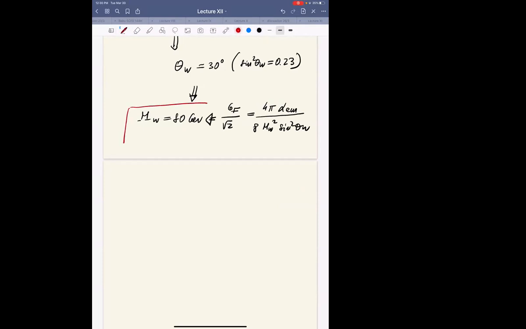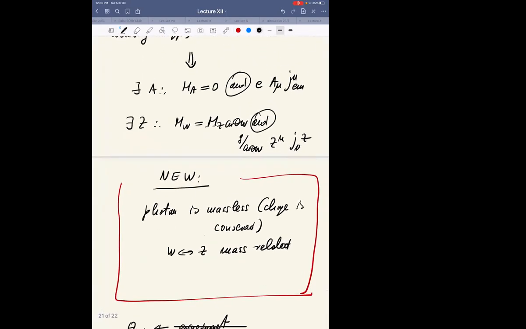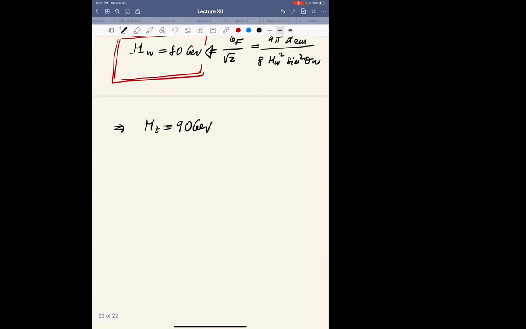The standard model predicts the W mass, it relates it to the interaction. And then the second thing you get, MZ immediately you predict is 90 GeV, because you know theta W. You put the number here in this relation between Z and W mass, and you get 90 GeV. This is a great success of the standard model Higgs theory. Agreement with experiment. Okay, perfect agreement with experiment.